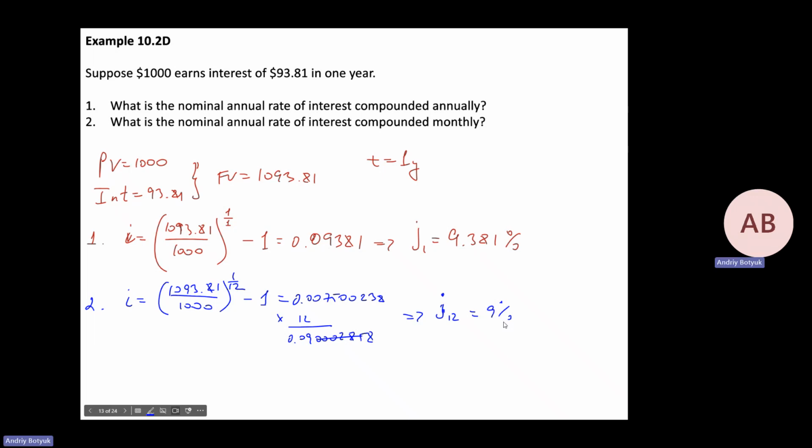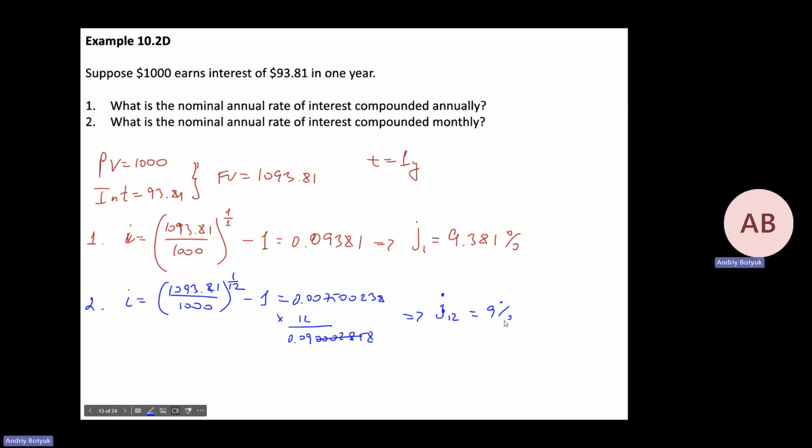In this case, $1,000 for 1 year. Yes? What is different, I have two different interest rates. One interest rate is compounded yearly. Another interest rate is compounded monthly. But what happened at the end of the game? I have the same outcome. I have the same interest amount. Do you see that?